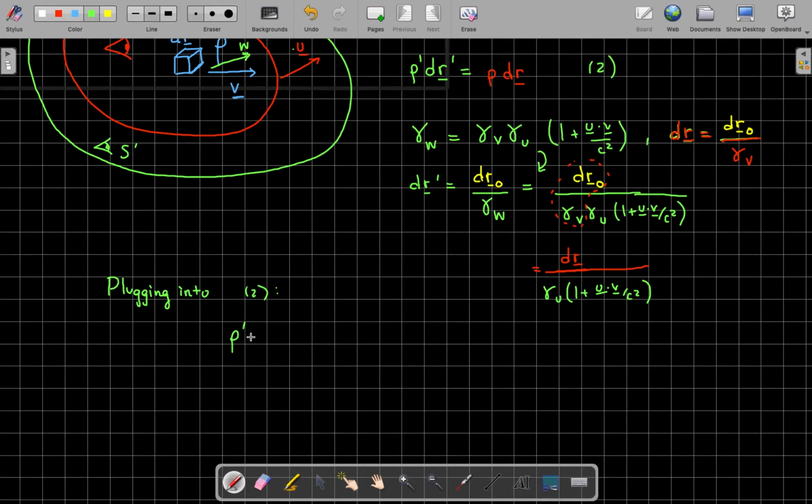So rho prime is equal to dr over dr prime times just normal rho. So this is equal to, well, we've got dr over dr prime from here, that's just equal to gamma u times 1 plus u dot v over c squared times rho.